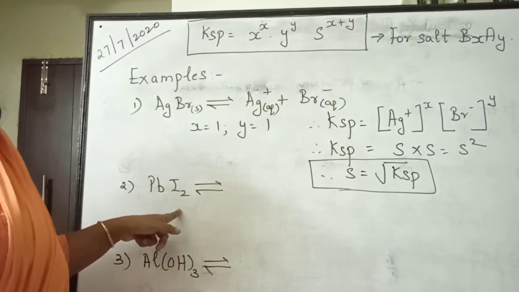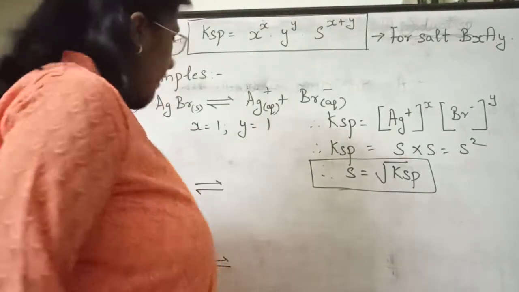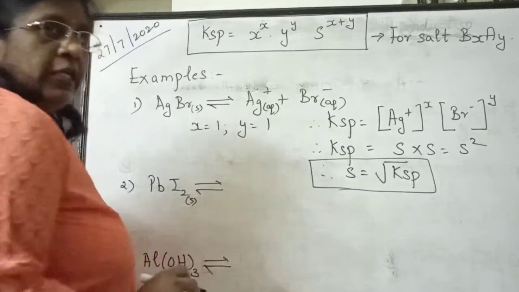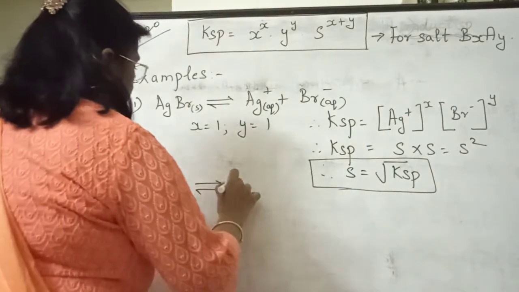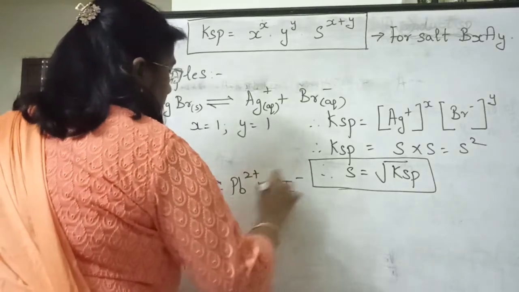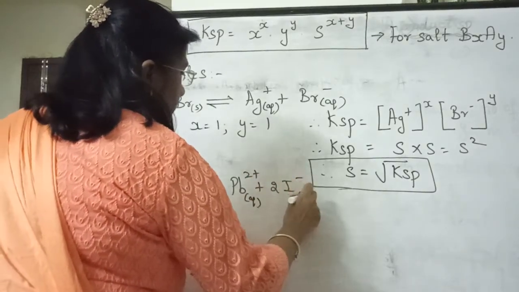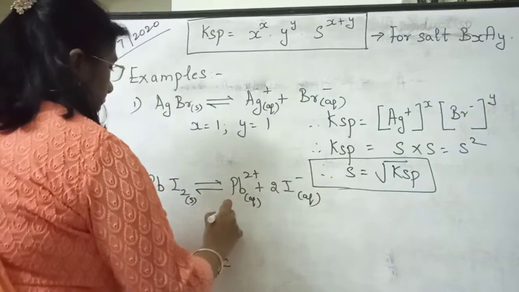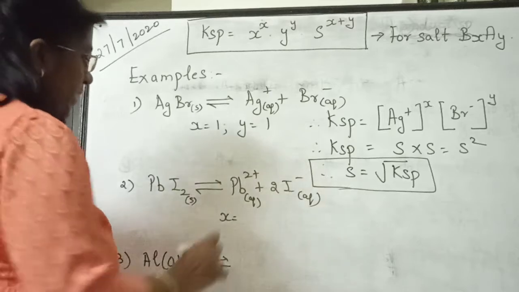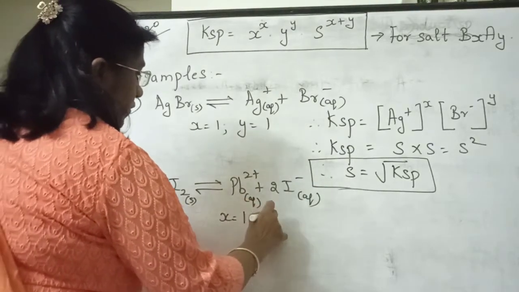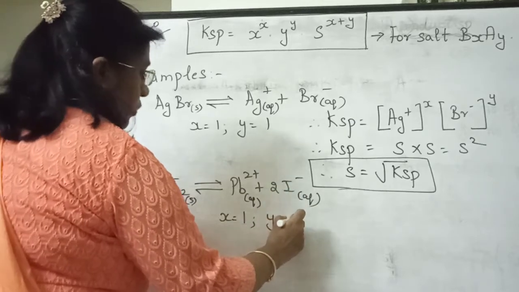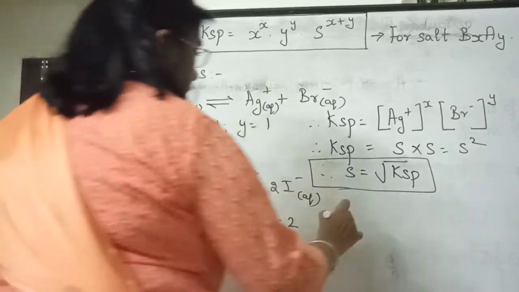PbI2, lead iodide, will dissociate in its saturated solution as Pb2+ plus 2 I-. Now here the amount of cation is 1, so x will be equal to 1, whereas the amount of anion I- is 2, so y is equal to 2.